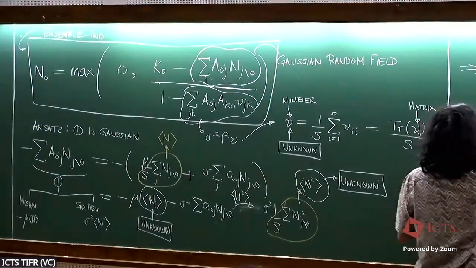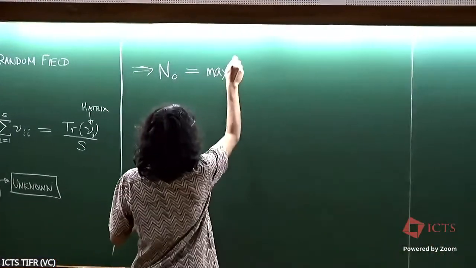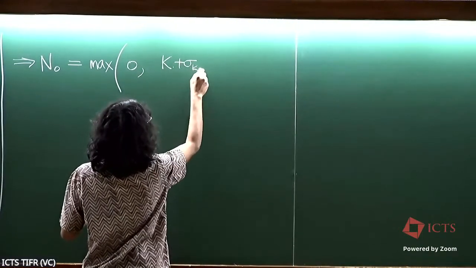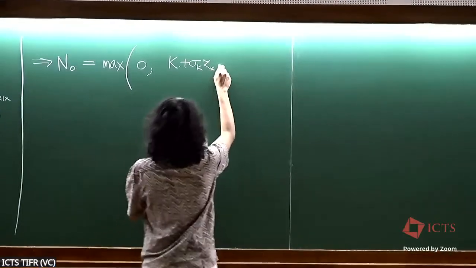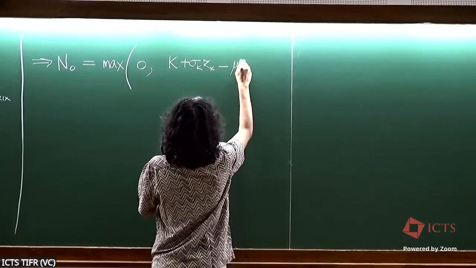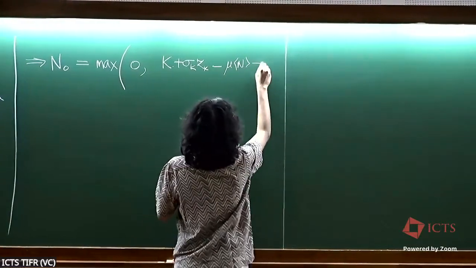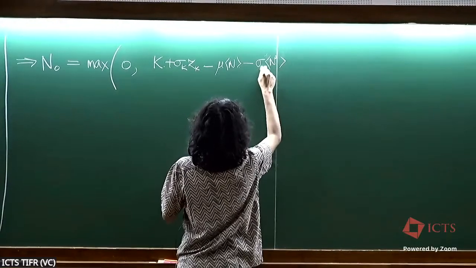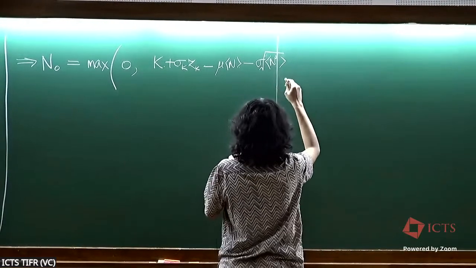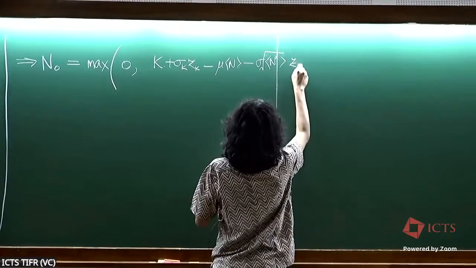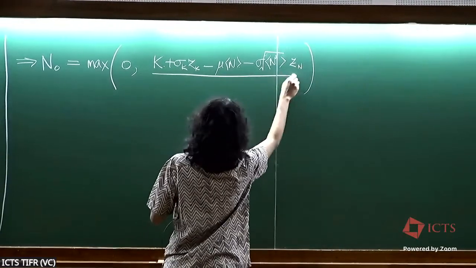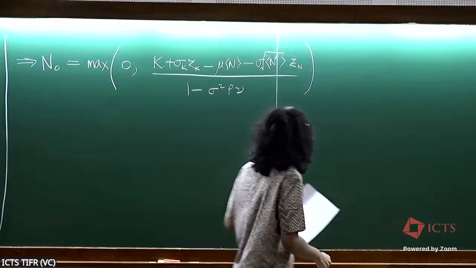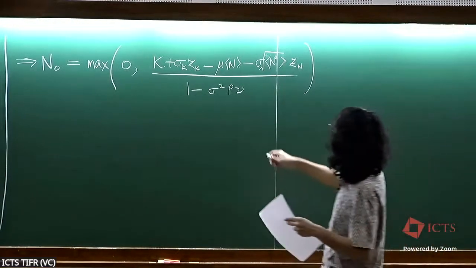This is going to be n0 equals max of 0, comma, k plus sigma k times zk, minus mu times mean n, minus sigma times the square root of the mean of n squared, times zn. Okay, is everyone okay with this? Could also be a plus.